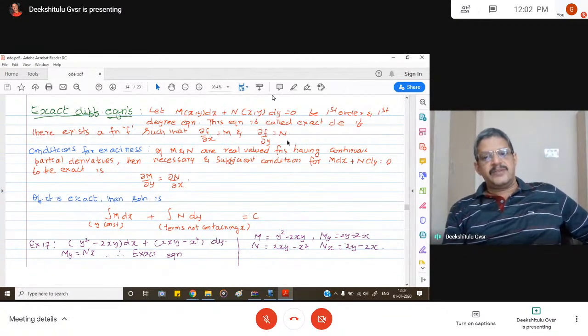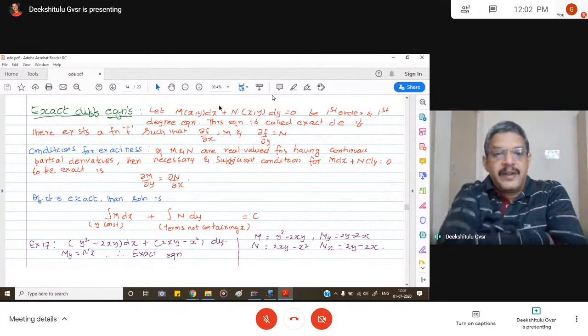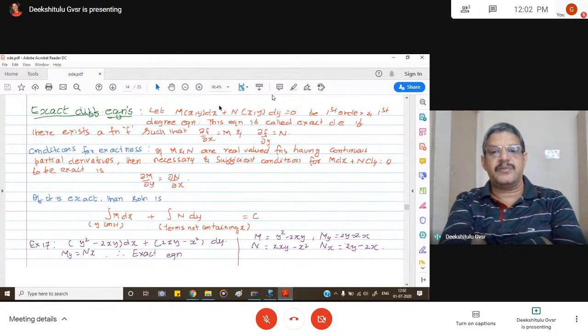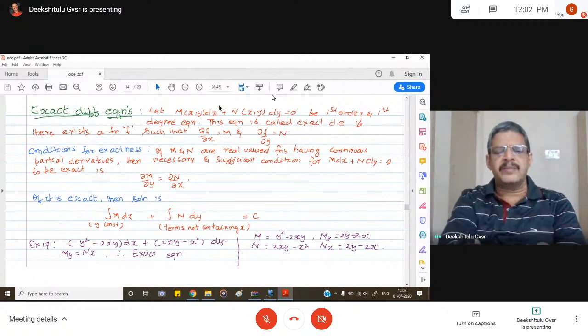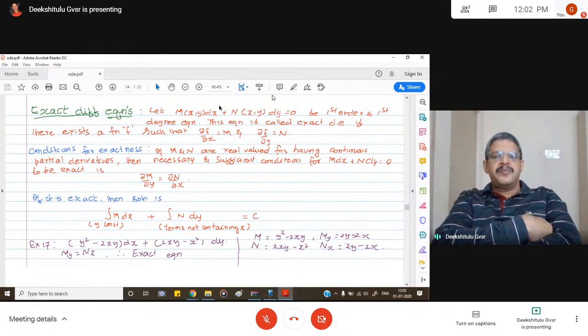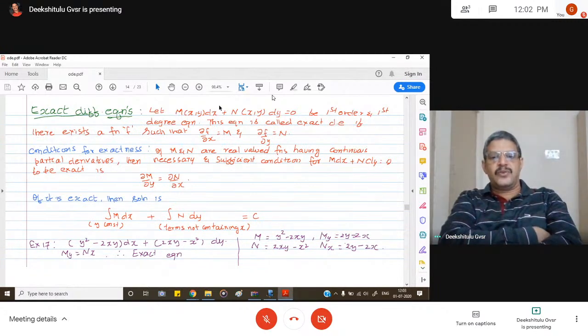M dx + N dy = 0 is called an exact differential equation if M and N are exact derivatives, that is, if you can find a function f such that ∂f/∂x is equal to M and ∂f/∂y is equal to N. This is the definition of an exact differential equation.